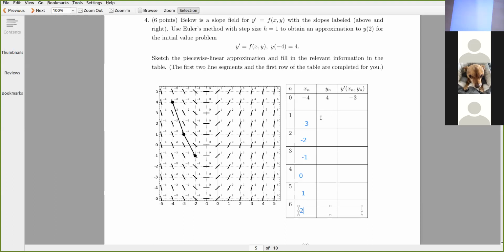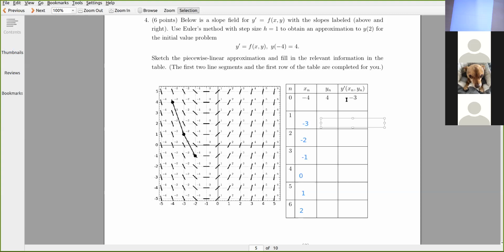Now for the y's, how do we find the y? What we want to do is take the previous y and then add on the slope, which is our y prime, times the step size. So luckily, because the step size is 1, all we have to do to find the next y value is essentially add on the slope at that point.